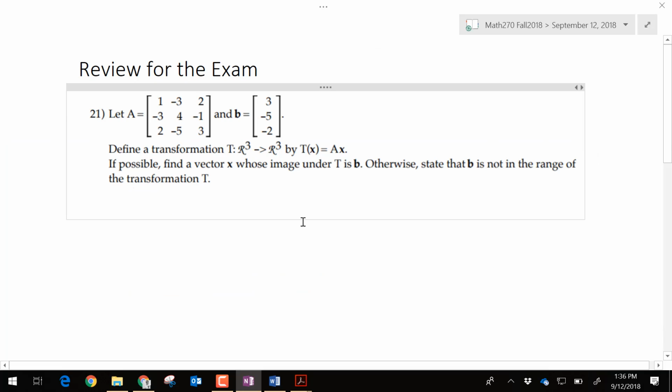All right, we have A and B. Define a transformation from R3 to R3 by T of X equals A of X, and if possible, find a vector X whose image under T is equal to B. Otherwise, state that B is not in the range. Actually, they call it image, so I don't know why they're changing this name.